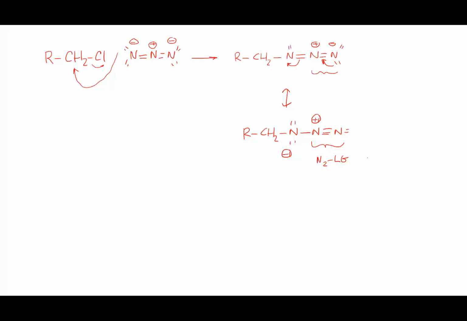But what's my goal? Because I need to take a step back and remember, what am I trying to make? I'm trying to make an amine. So that means I'm going to have to displace that N2 group. What would be the best nucleophile to do that in order to turn this N into a primary amine?